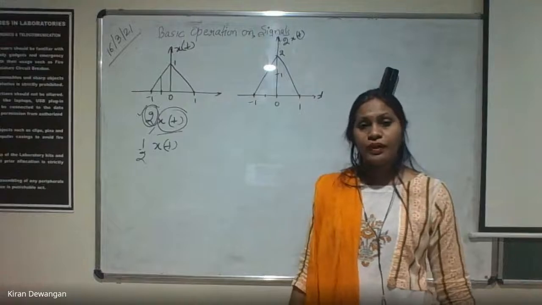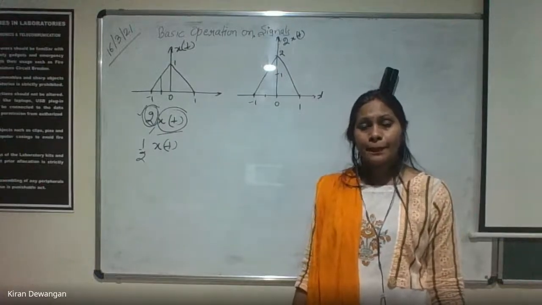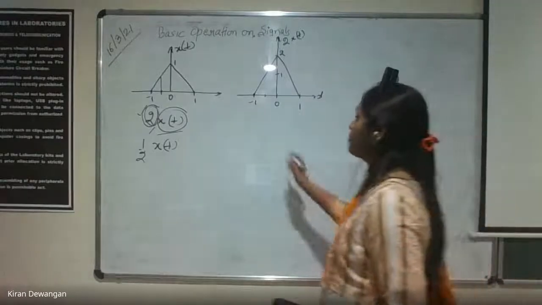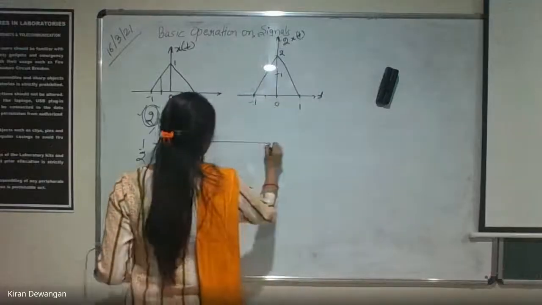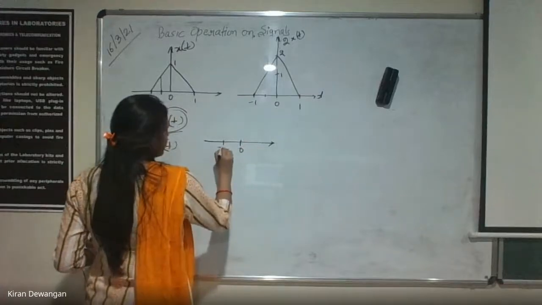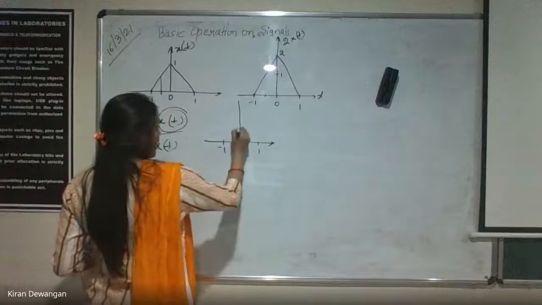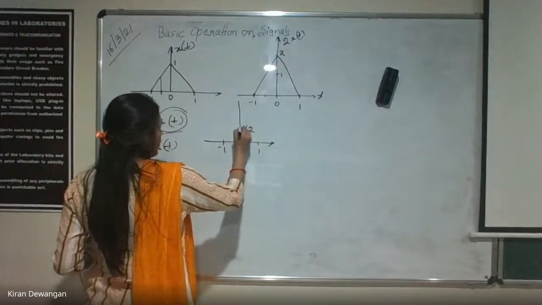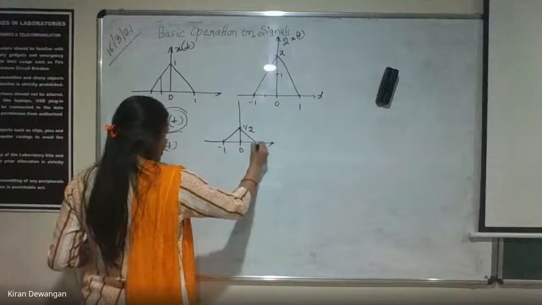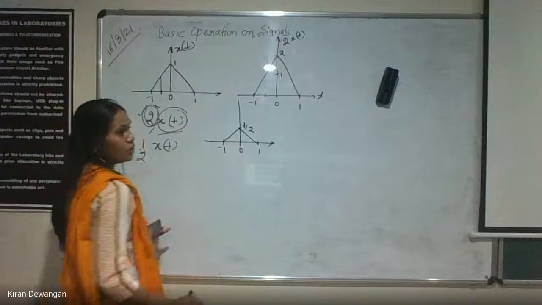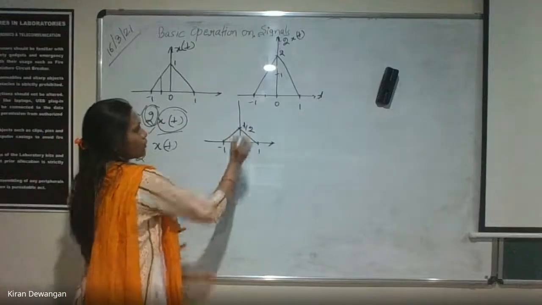How the plot would be? Yes. How the plot would be, students? 1/2 amplitude into xt will be reduced by half. Correct. Amplitude will be completely reduced by half. तो ये आपका 1/2 हो जाएगा. ठीक है? This is the value. The value at 0 will be 1/2.